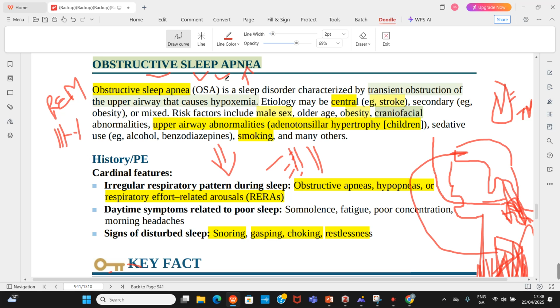So what are the risk factors? Are you a male? Because they have a lot more fatty infiltration of that area than females. Male sex, older age, obesity, very important, most important. Craniofacial abnormality, we'll get there too. Upper airway abnormalities like adenoidal hypertrophy in children.